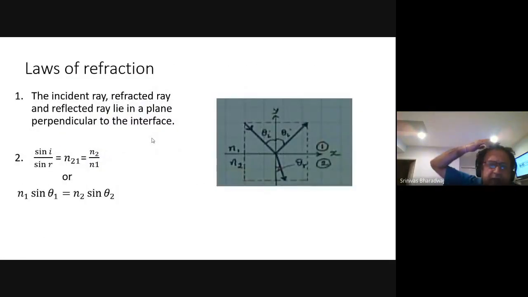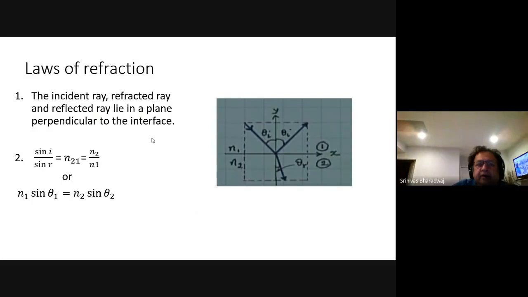All right. So now we will introduce this other idea, which is called total internal reflection. So some rays will reflect. The incident ray, the refracted ray and the reflected ray all lie in the same plane.